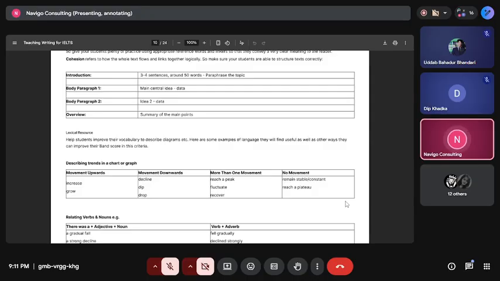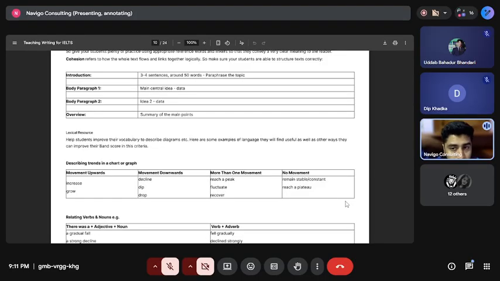And there might be a bar graph, a pie chart, a table diagram. For those questions, what types of vocabulary are you going to use, and how relevant is it for a line graph, bar graph, pie chart or any other question? You should be careful to use relevant vocabulary, right?